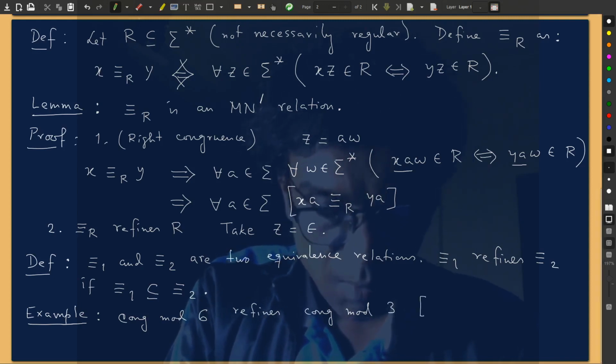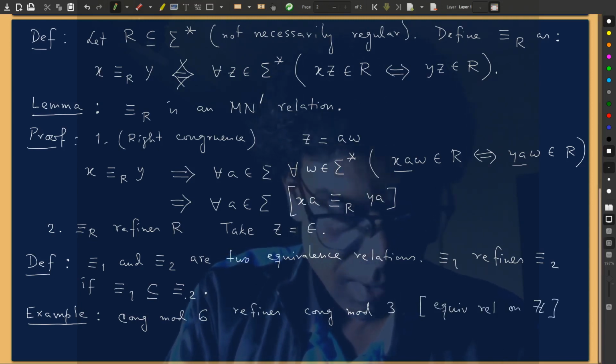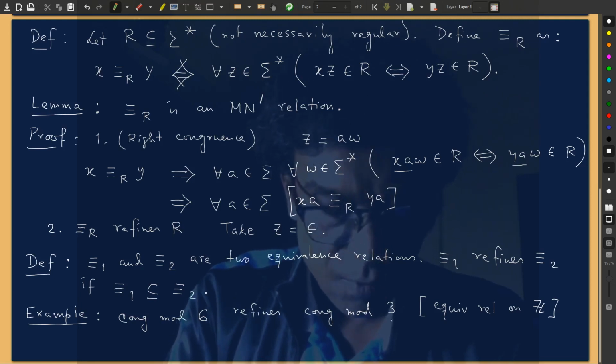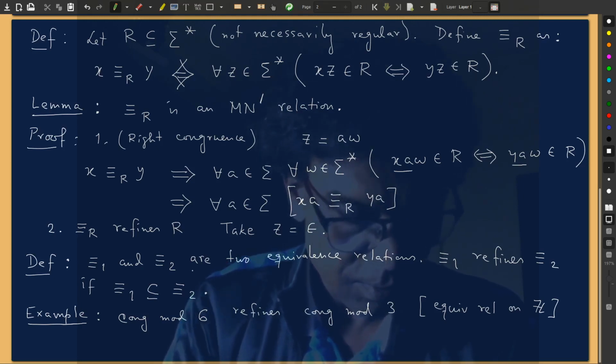Now we are talking about equivalence relations on the set of integers. That means if two integers are congruent modulo 6, then they are definitely congruent modulo 3. So this is contained in this.